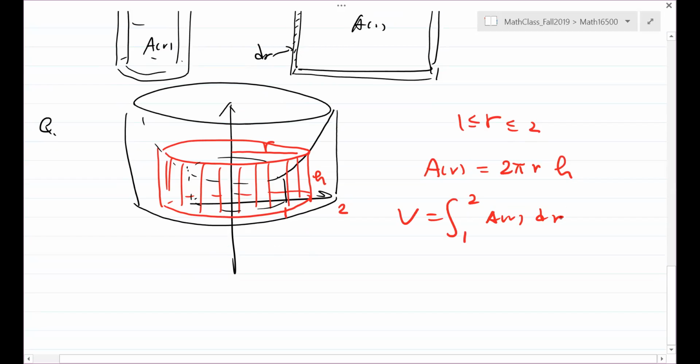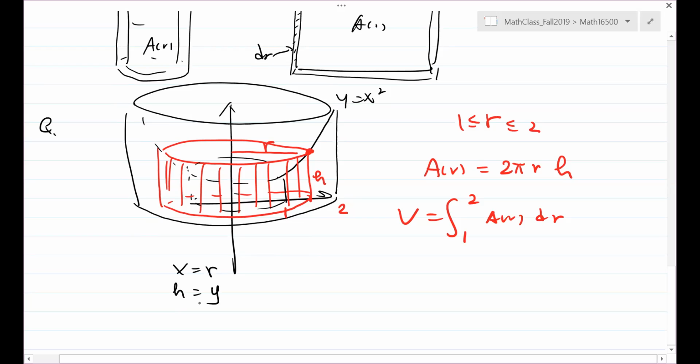I have to express h in terms of r. That's easy because this is an arbitrary point. h and r are related by this graph, y equals x squared. So h is the height when x equals r, and h is going to be y.